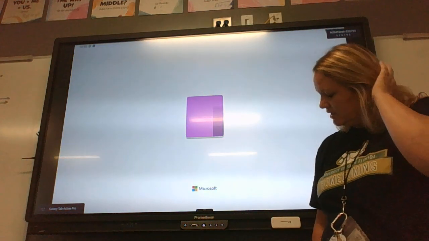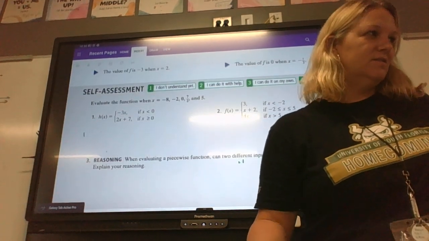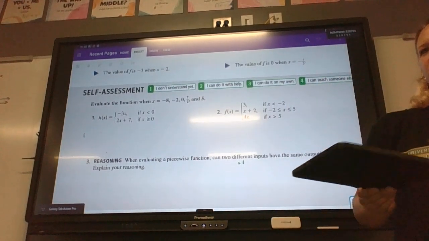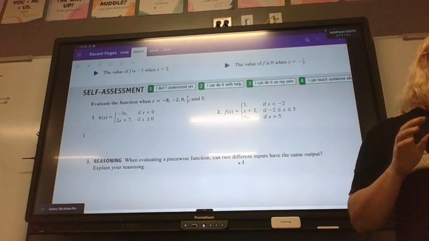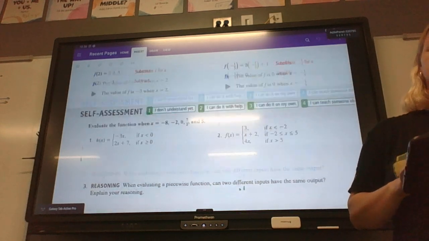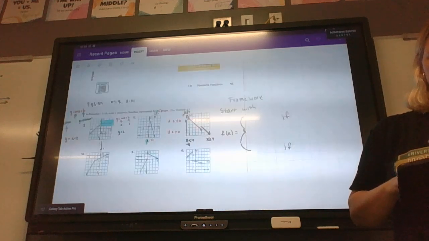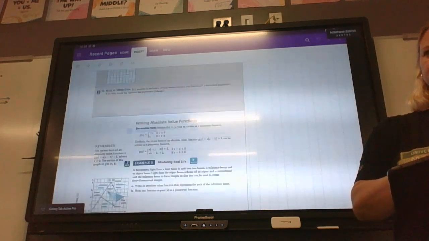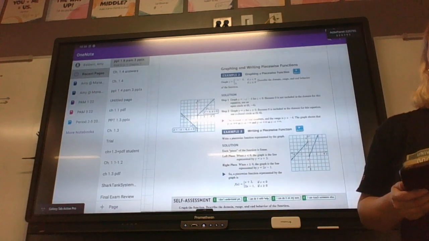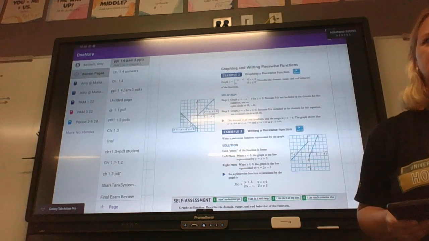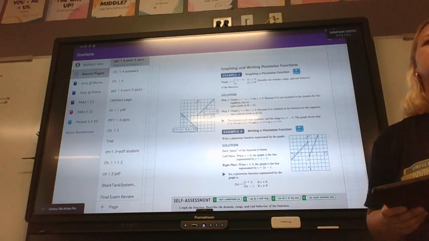¿Cómo se dice 59? ¿Sí o no? Yeah, Spanish 2. You gotta know that. Spanish 1, Spanish 2. How do you say 50? It's not 50. 50 is with an S on the end.